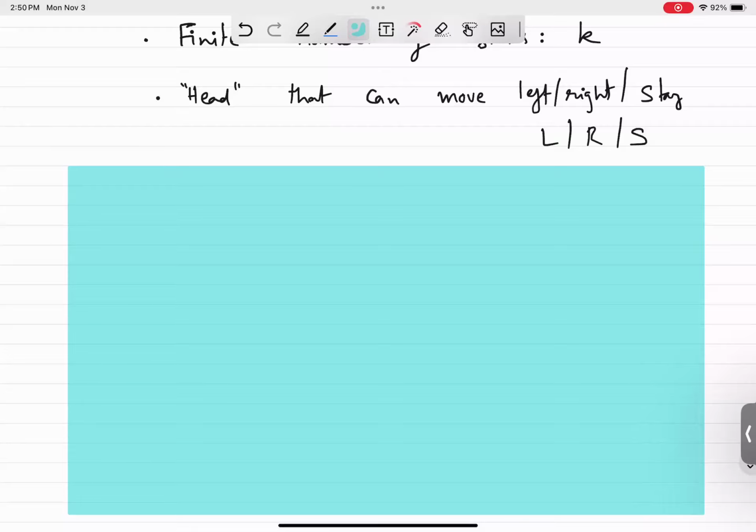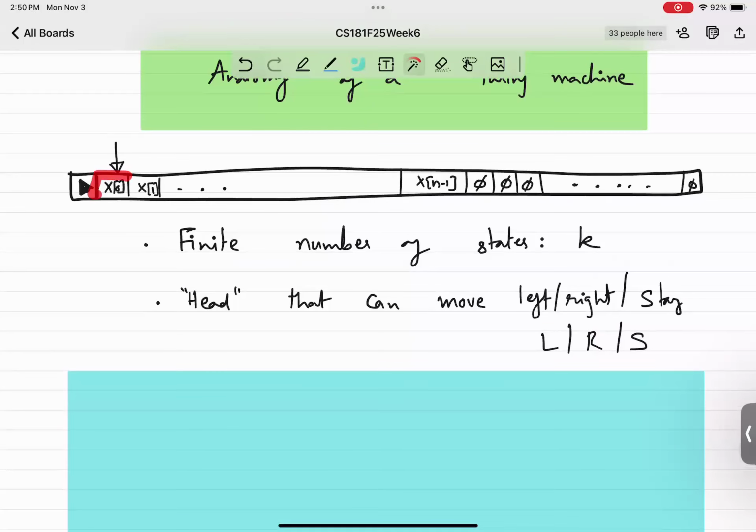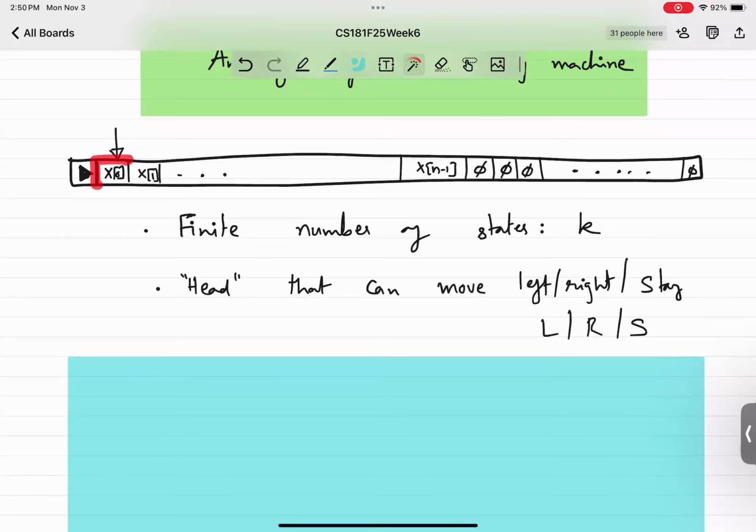You cannot scan it. All you can see is very local information: what is written under wherever my head is, and what my state is. That's it. That's how you decouple the size of the memory from the machine. No matter how long your memory is, the next step you do can only depend on what you read right beneath your head and what your state is.